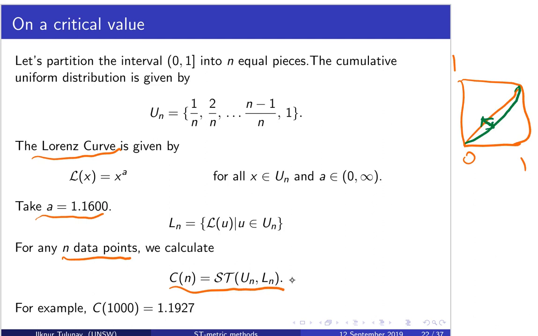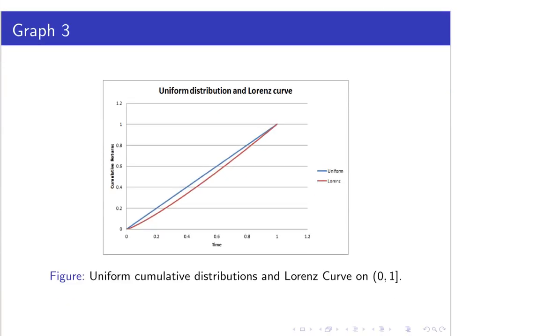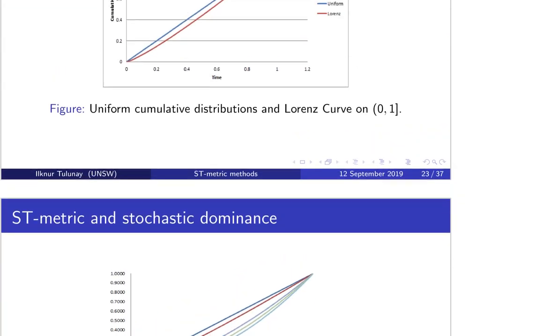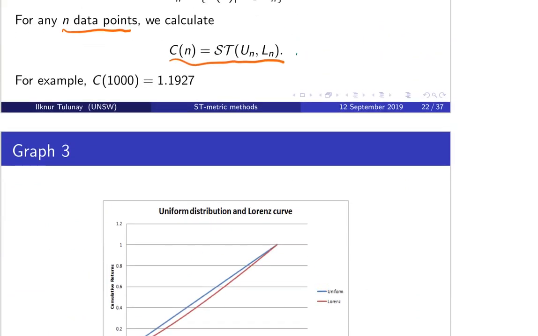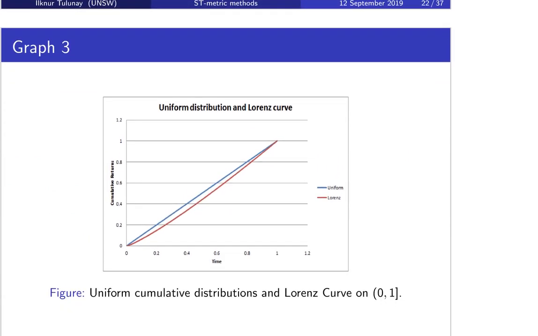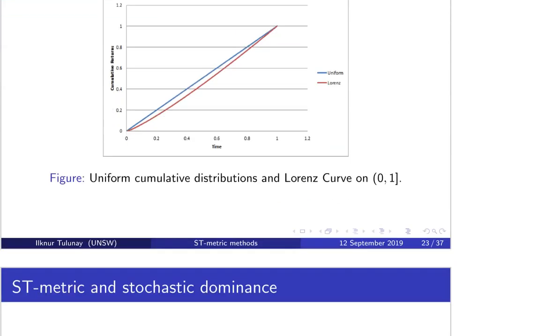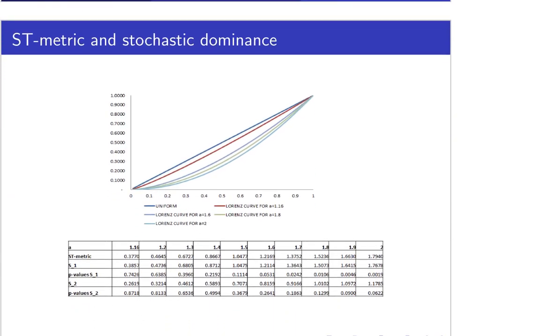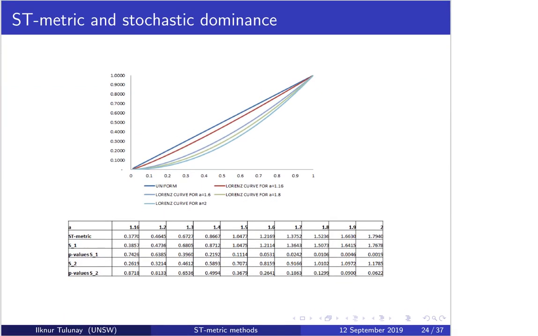So you can use this as a criterion to decide which strategies can be assumed as equivalent. The Lorenz curves will look like this, and this is the result from the first slides that I showed.